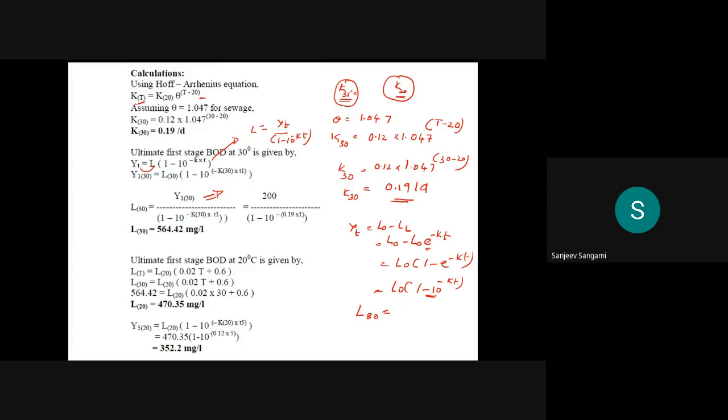So if you want to find out this, substitute the value here. This you will get as 200. Substitute, it is already given for the first day.